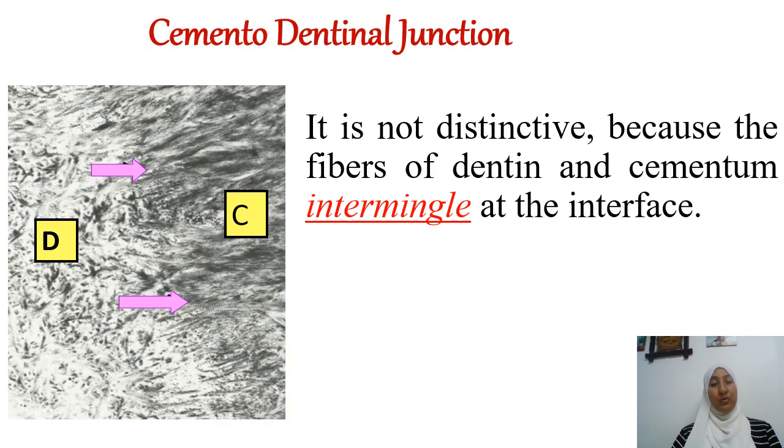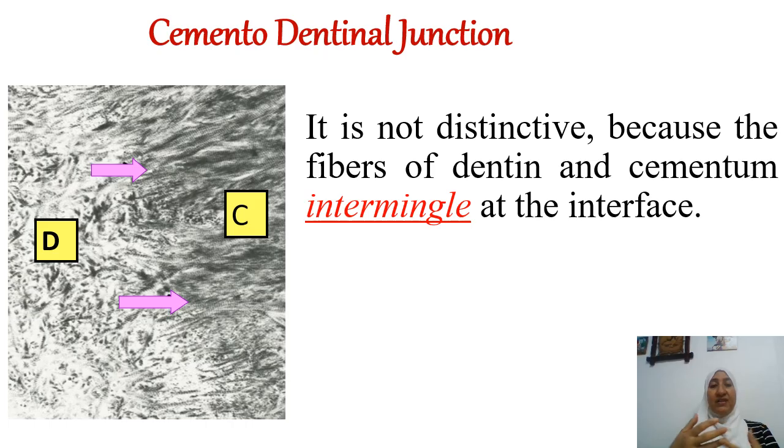We have to notice something very important: dentin is a product of the dental papilla, which is ectomesenchymal tissue. Cementum is a product of the dental sac, which is also ectomesenchymal tissue. Both are mesenchymal tissues. Thus, the junction here is as if between two connective tissues.